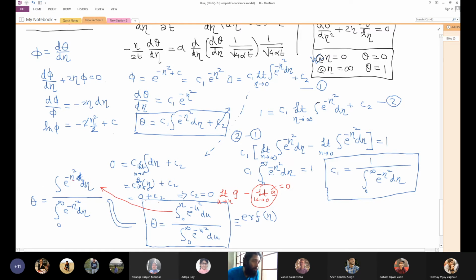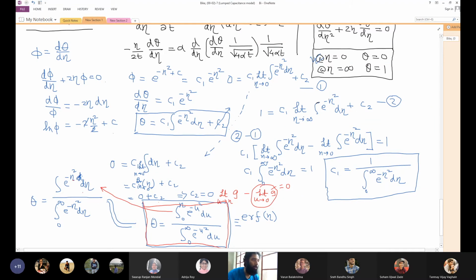So now let us make clear that theta is given by this function. See, we could have left it here, so we already got the solution. Although this integral has to be evaluated, and this is not easy because it's a Gaussian integral. So that's why we take help of a function already available. Numerically, people evaluated that. So that's why we need to write it in the standard form. So this itself is also the error function.